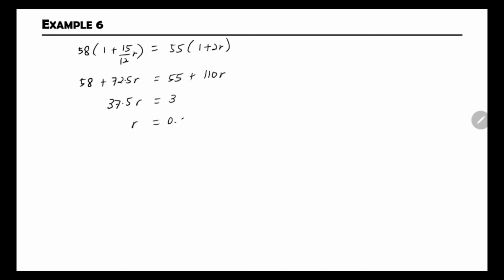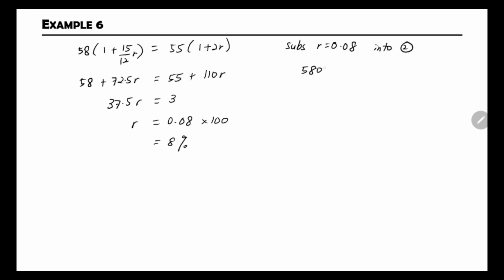R equal to 0.08. And R is rate, so 0.08 times 100 equal to 8%. And then sub R equal to 0.08 into 2 to find principal.